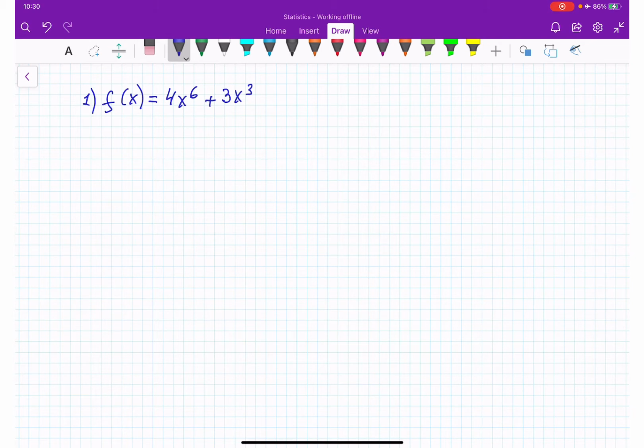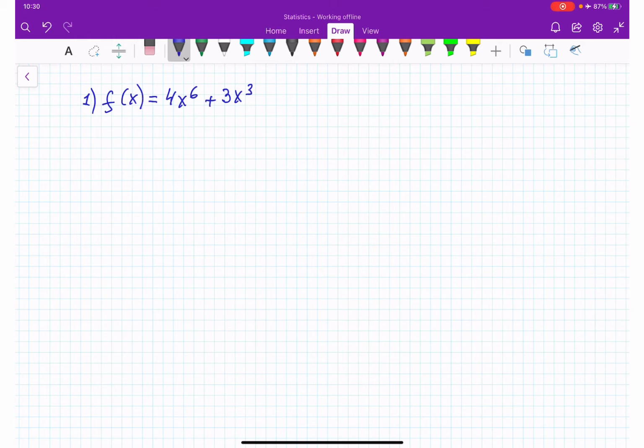First of all, which functions do we call polynomial functions? The function that has a degree that is a whole number, that we call polynomial.